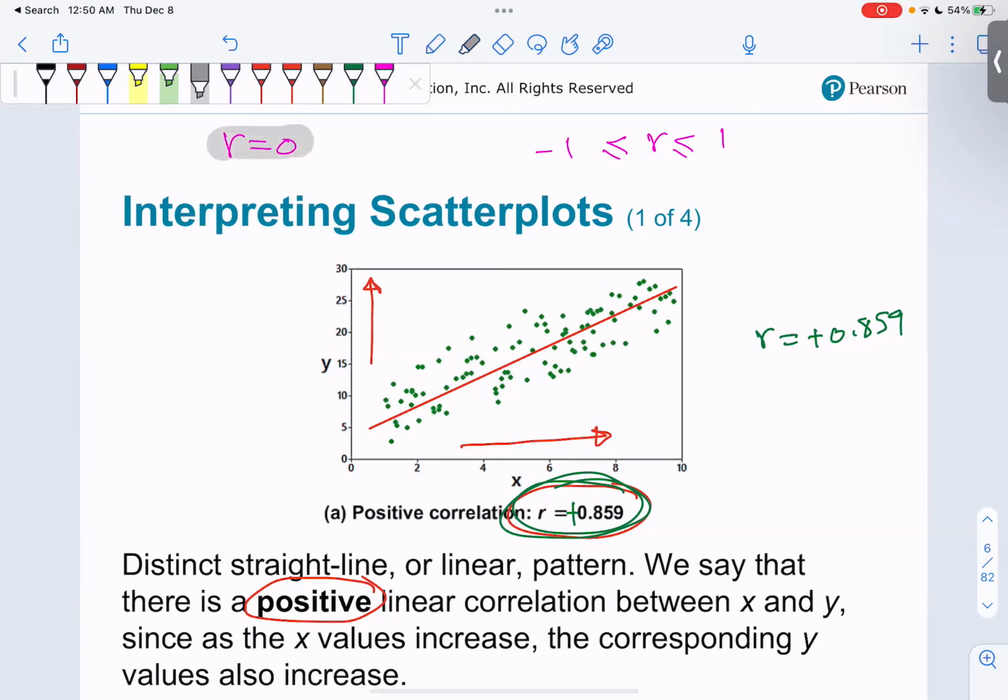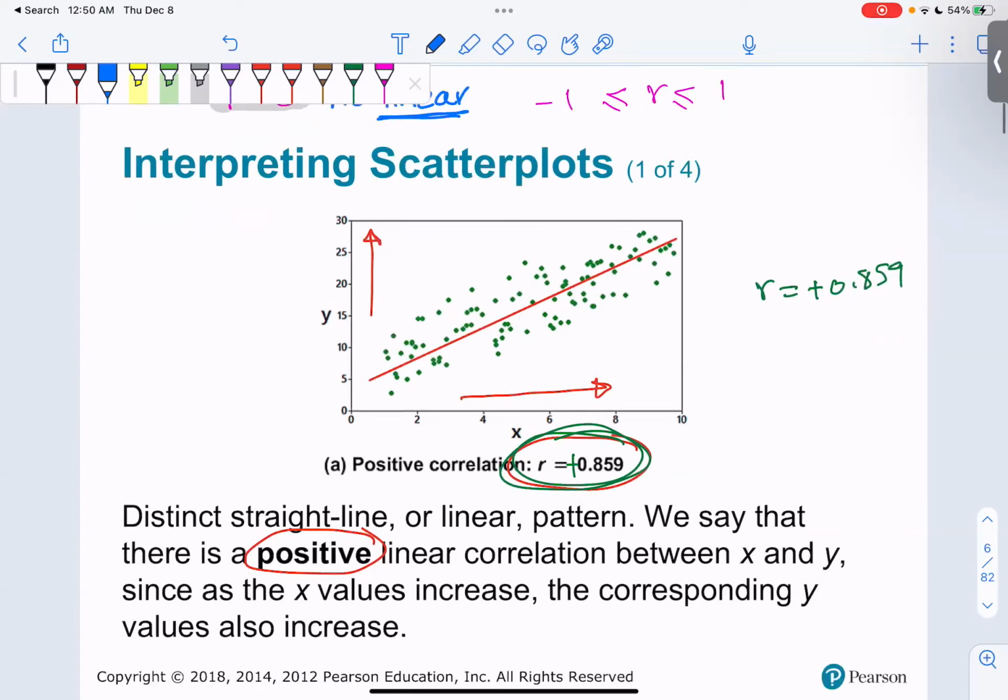When R equals 0, we say there is no linear relationship between those two variables. Remember, if R equals 0, we cannot say there is no relationship between those two variables, but we can say there is no linear relationship. Why? Because there might be some relationship, but that relationship is non-linear, okay?